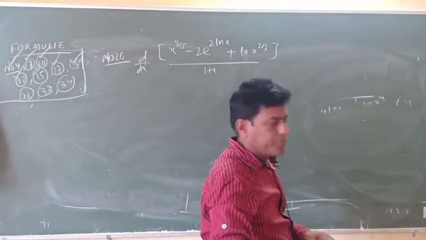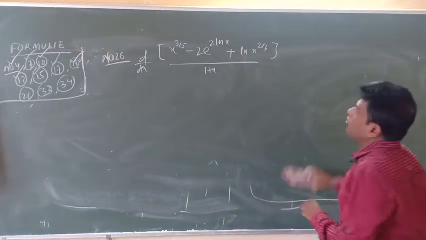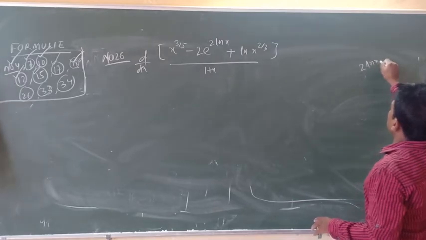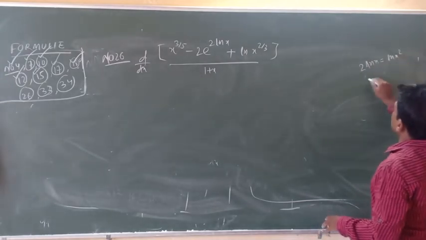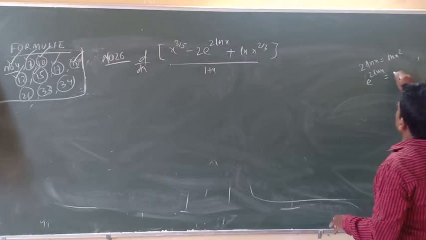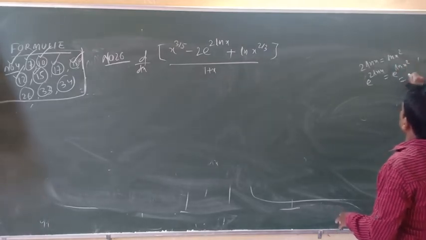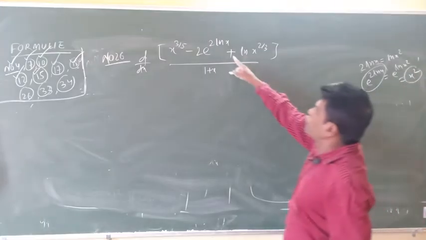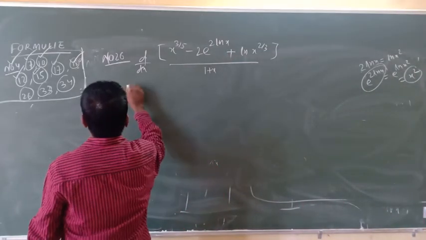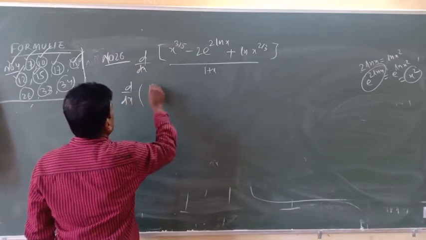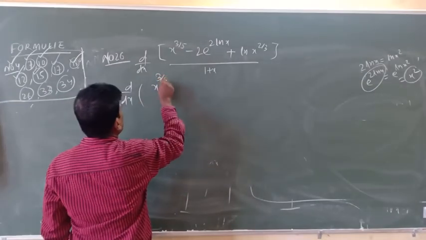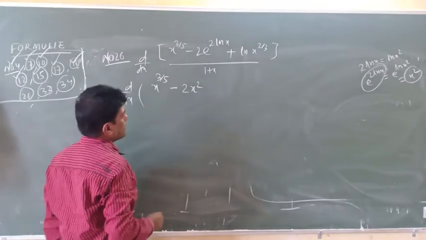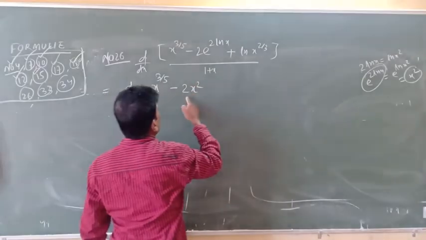I already told you from question number 18 that 2 ln x is equal to ln x square. So e to the 2 ln x is equal to e to the ln x square, which becomes x square. So the term is reduced to minus 2x square.